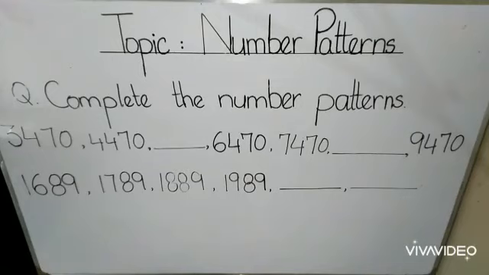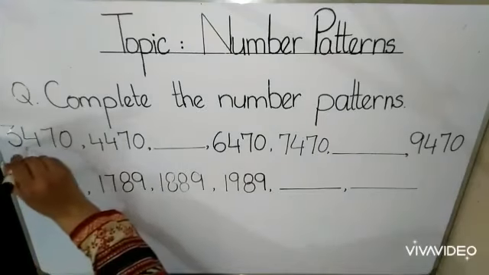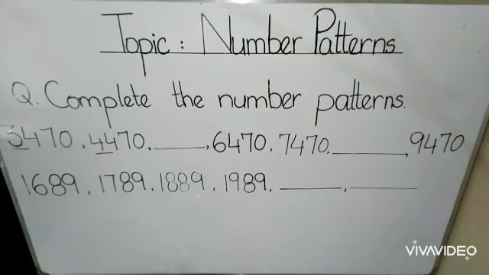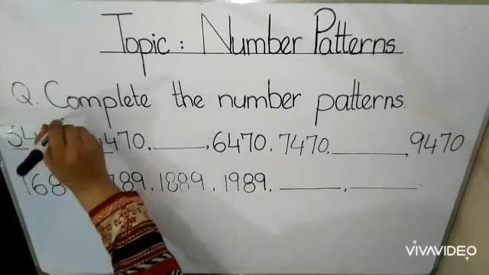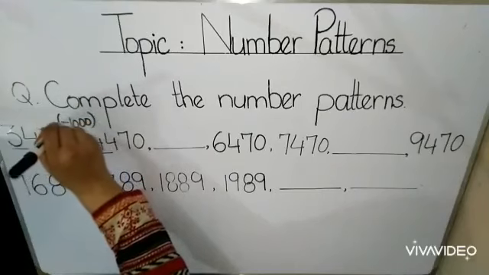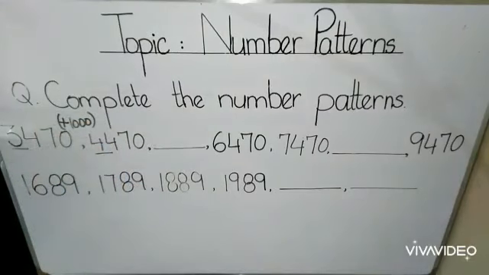Here we can see that the difference lies in the column of thousands. 3470 and 4470. We can see that 4470 is 1000 more than 3470.